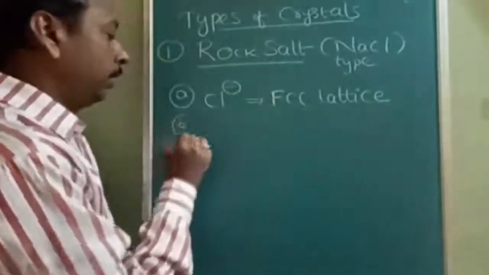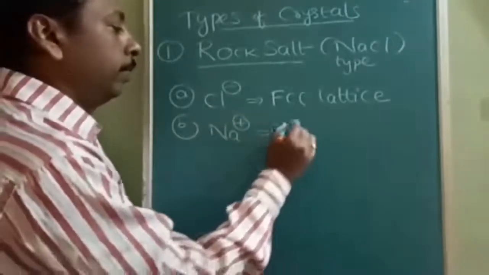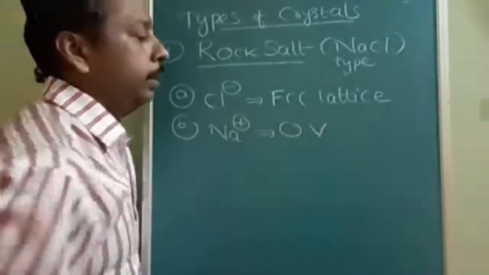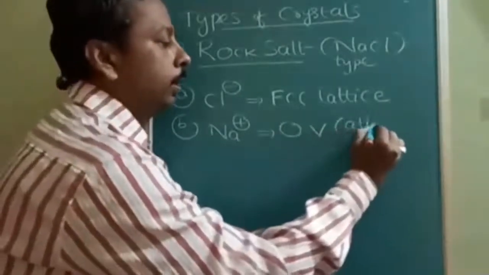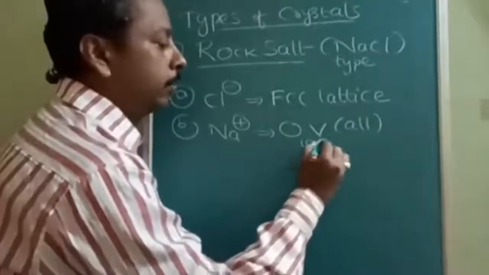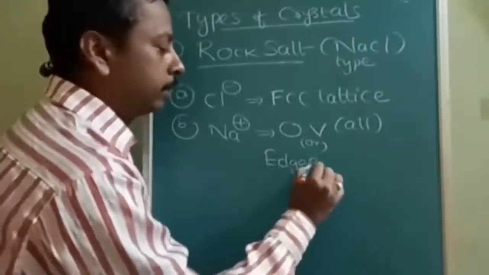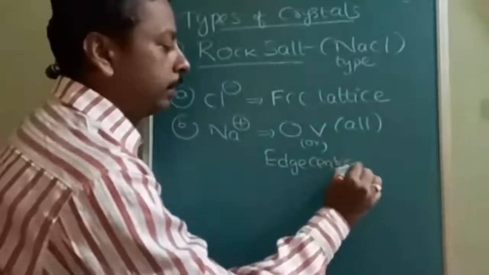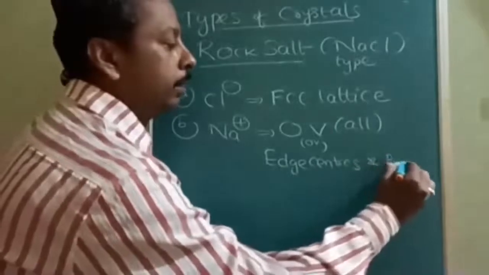Second thing: sodium positive occupies all octahedral voids. Octahedral voids are also sometimes called edge centers and body center.